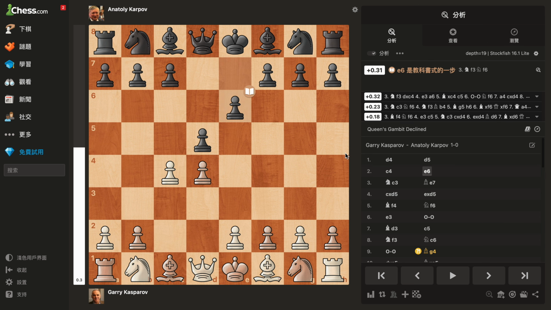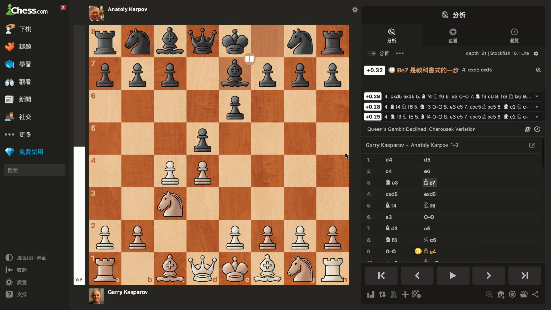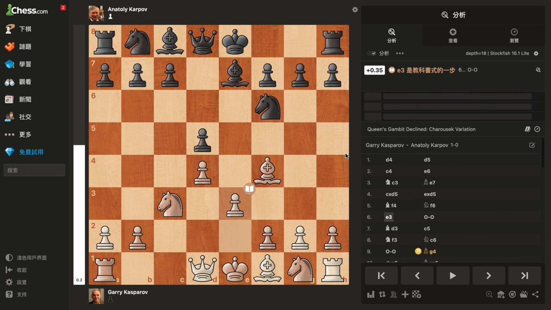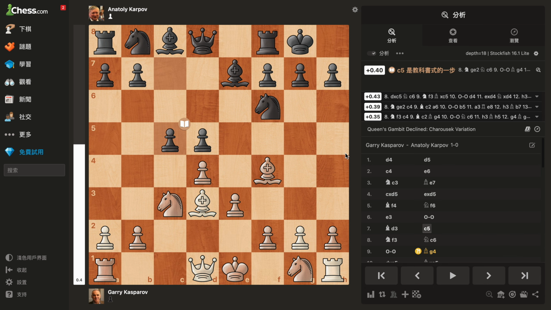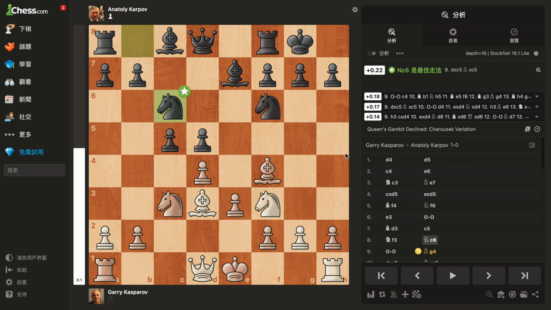Karpov chooses the decline variation, and this is very normal, just developing the bishop so the knight doesn't get pinned first. Then white takes so the queen can take, and a very normal developing move. Knight f3 is okay, but it's not the most preferred move by the engine.